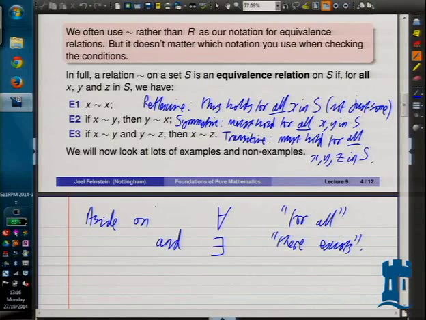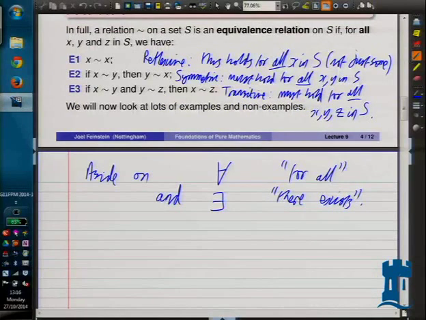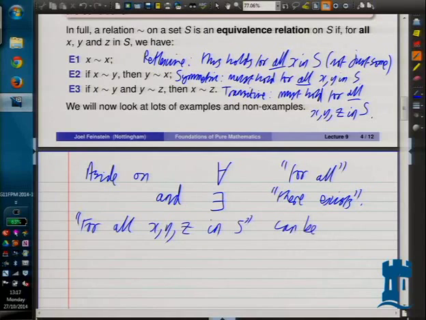For all x, y, z in S can be abbreviated.